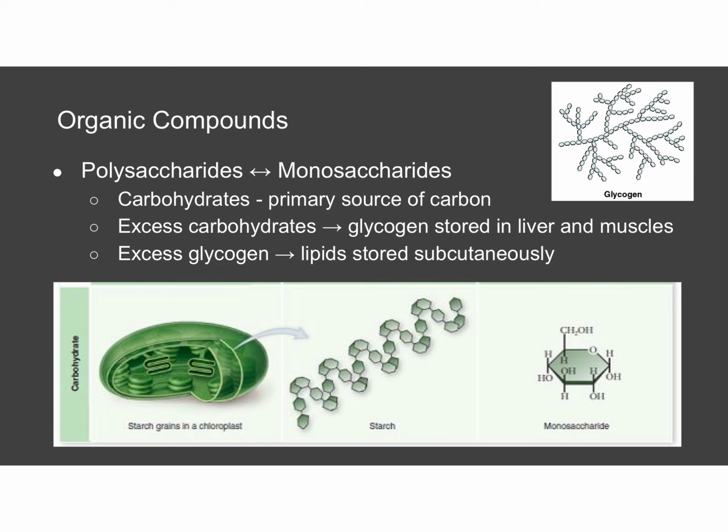And last but not least, we have our polysaccharides, which are also known as complex carbohydrates. These polysaccharides are the macromolecules, the polymer, like we've talked about on the other slides. And then monosaccharides are going to be the monomers. So you can see in this picture down here, we've got starch, and starch is a polysaccharide.